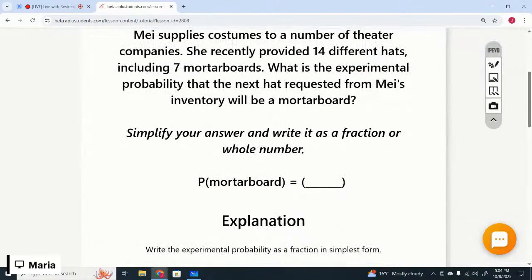May supplies costumes to a number of theater companies. She recently provided 14 different hats, including 7 mortarboards. What is the experimental probability that the next hat requested from May's inventory will be a mortarboard?